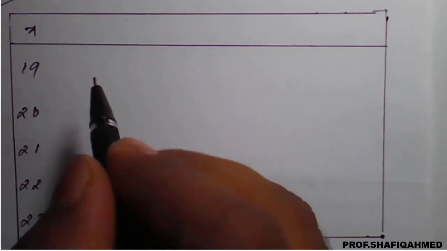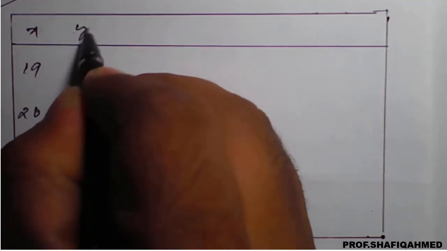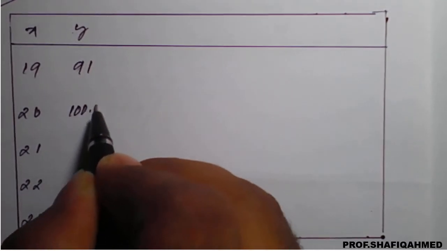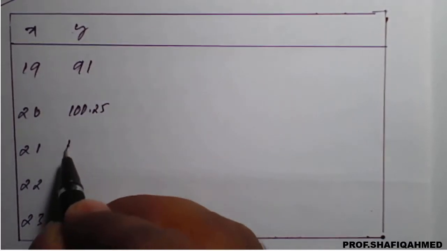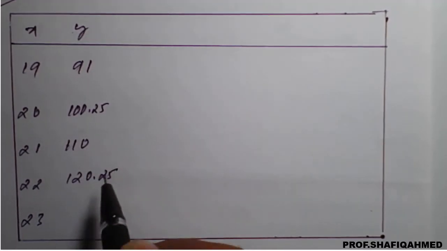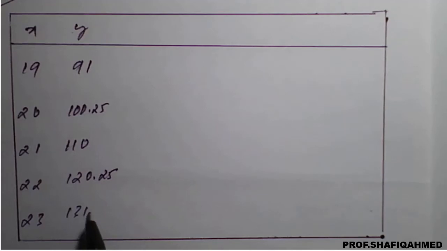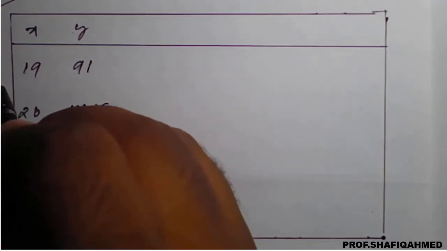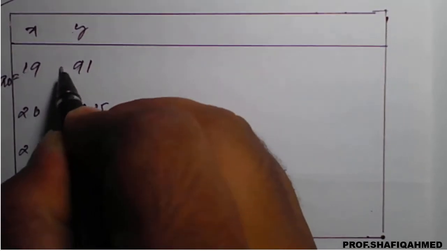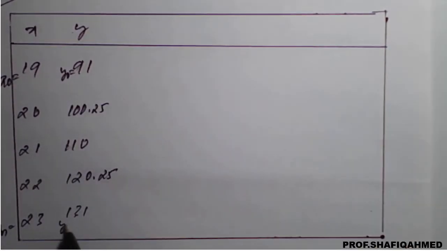The y values are as per the table: 91, 100.25, 110, 120.25, 131. So this is your x naught value, xn value, y naught value, yn value.